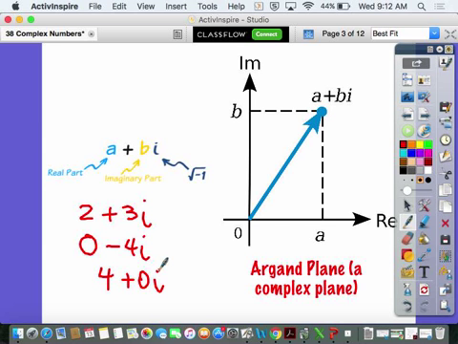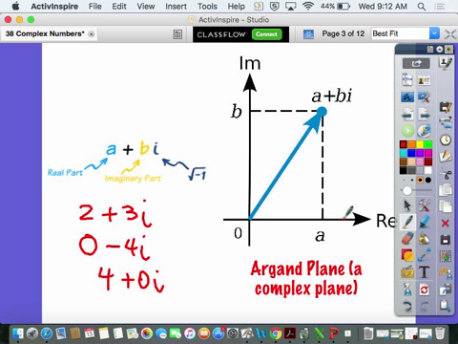Now, how to graph it: it is graphed on an Argand plane, aka a complex plane. And instead of having an x and y axis, you have a real axis, which is your horizontal, and you have an imaginary axis, which is your vertical. And it's pretty simple, okay? Whatever your real part is, that's how far over you go, either to the left or to the right if it's positive or negative. And then your imaginary, you either go up or down. So if it's a positive imaginary number, you go up.